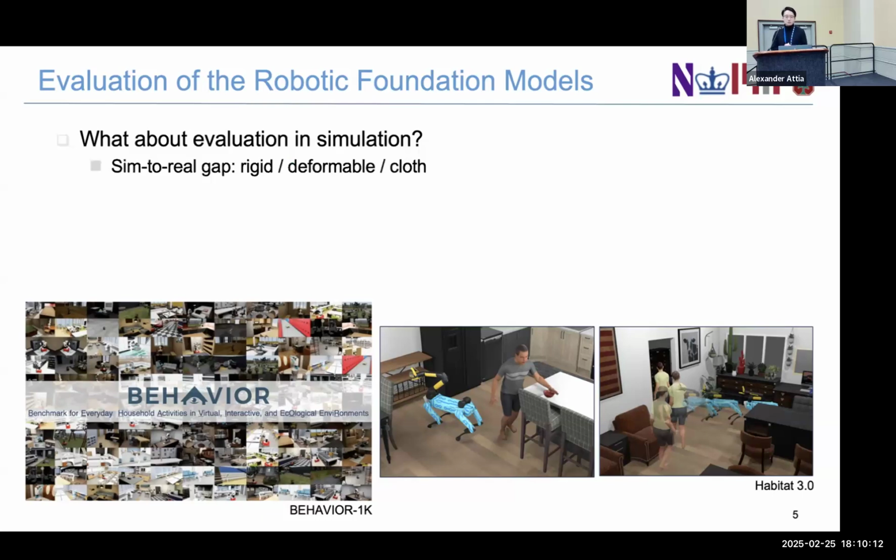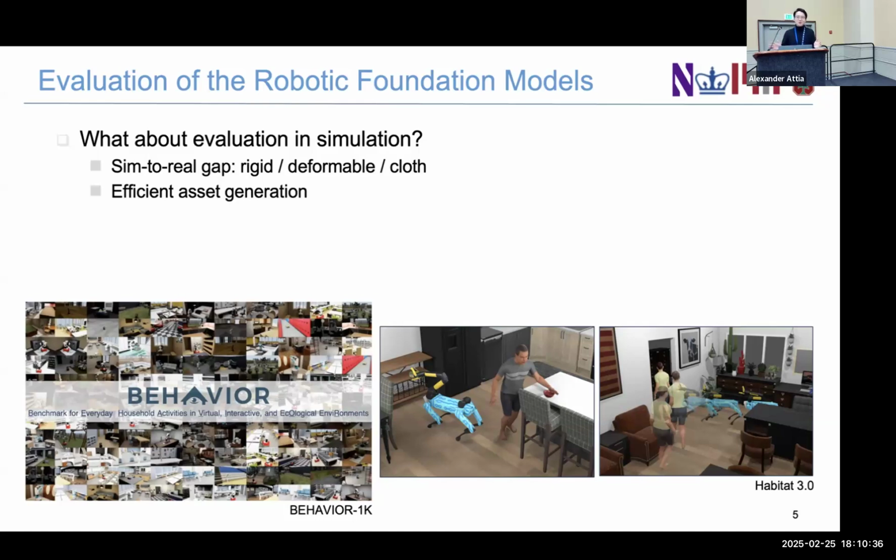An example would be the sim-to-real gap, because people are dealing with rigid objects, deformable objects, cloth, articulated objects. Currently, we do not really have a simulator that can simulate everything around us to a fidelity that is satisfying for this kind of evaluation purpose. And obviously, you want efficient asset generation if you want to do evaluation using simulation.